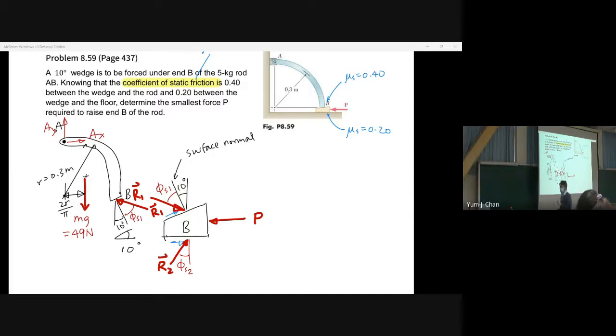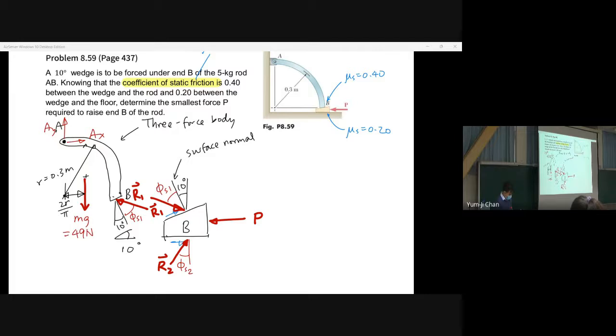So at how many points do forces act on the body? These two forces act on point A, R1 acts on point B, and this gravity acts along this line. So this is a three-force body. What do we know about three-force bodies?